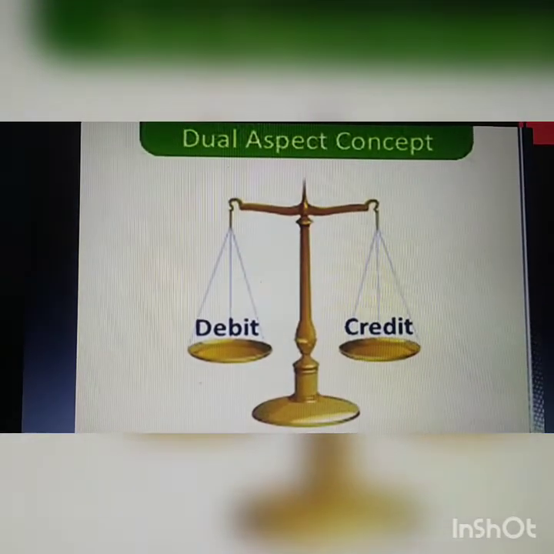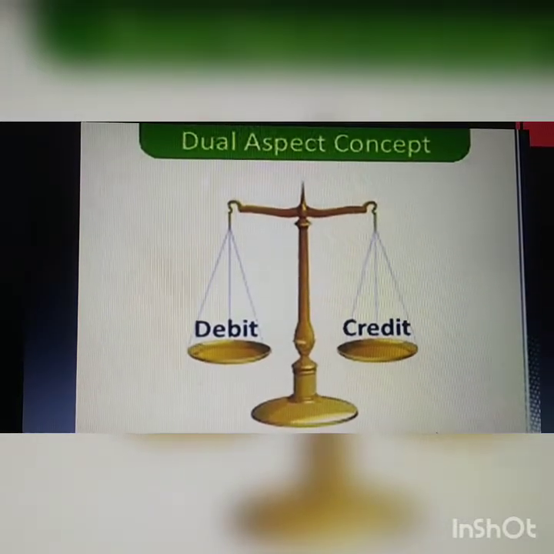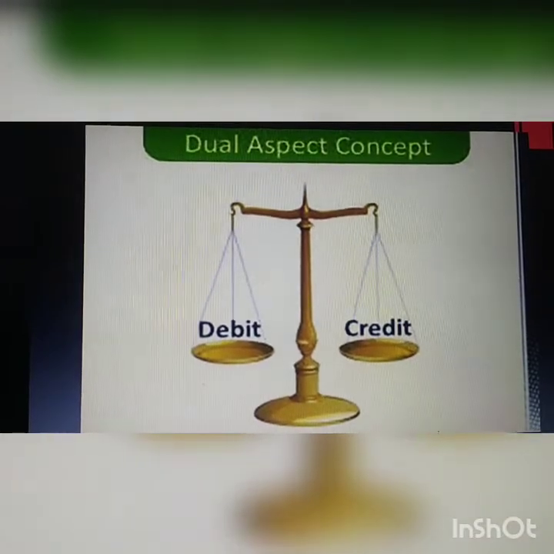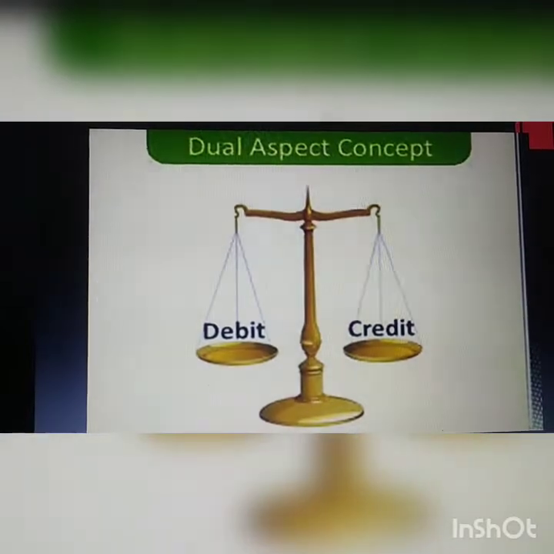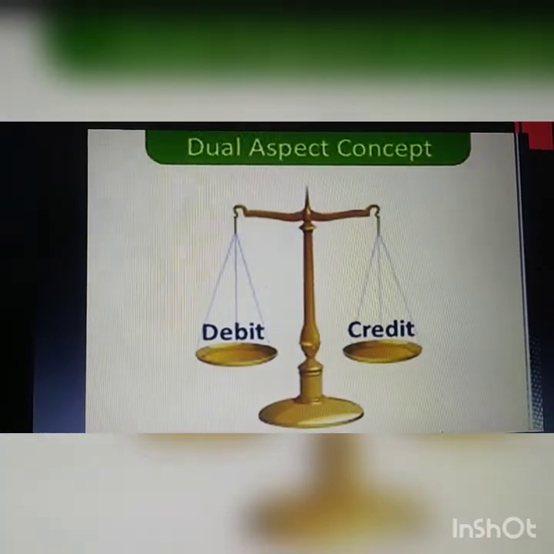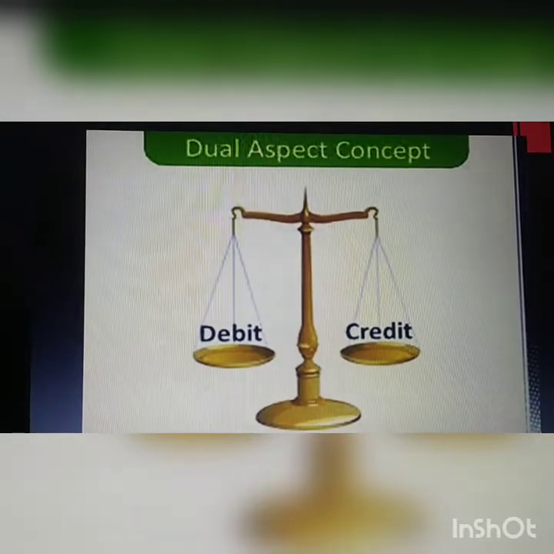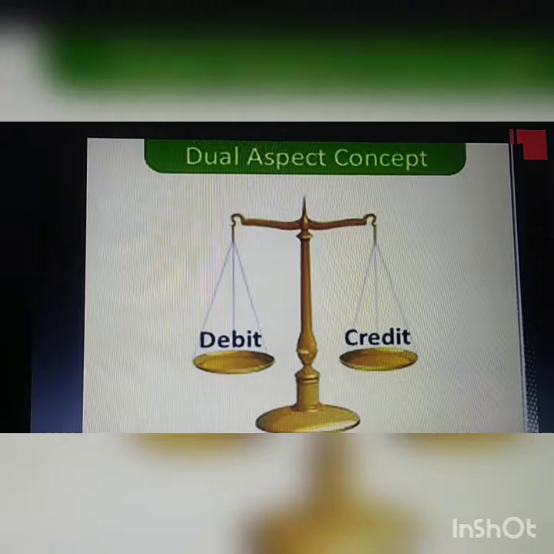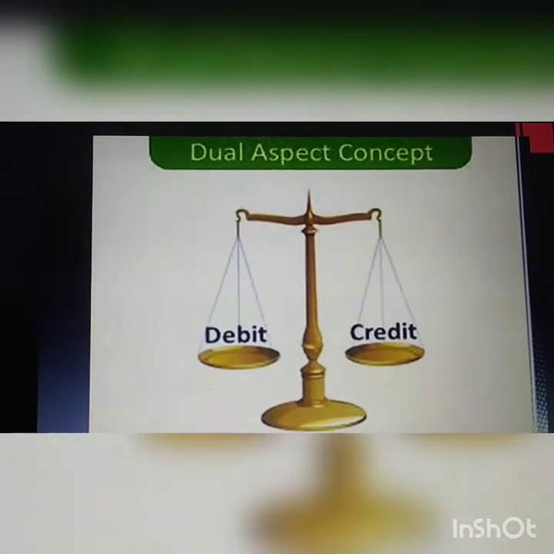So this accounting equation is based on dual aspect concept of accounting. Every transaction has a dual aspect or two aspects, that is debit and credit. It holds that for every debit there is a credit of equal amount and vice versa. Yes, both sides should be equal.